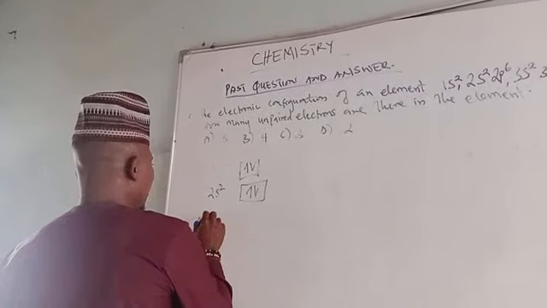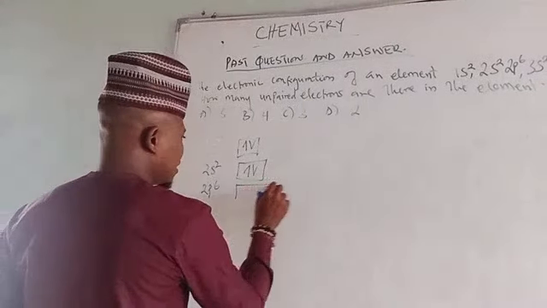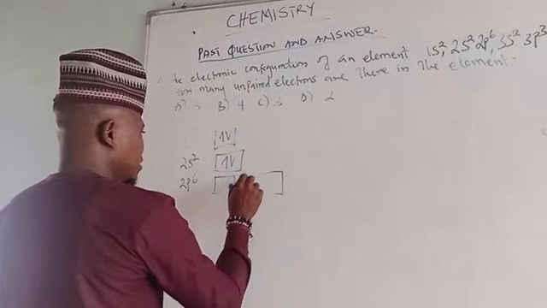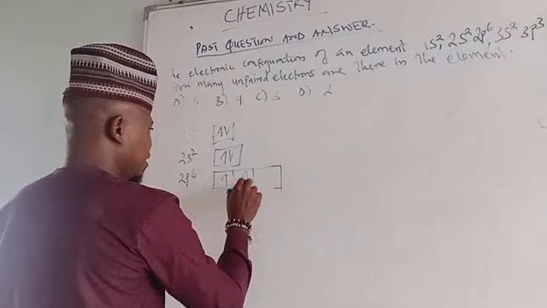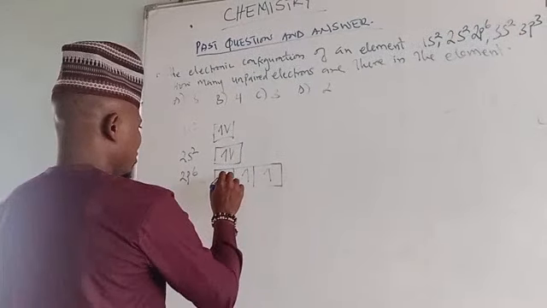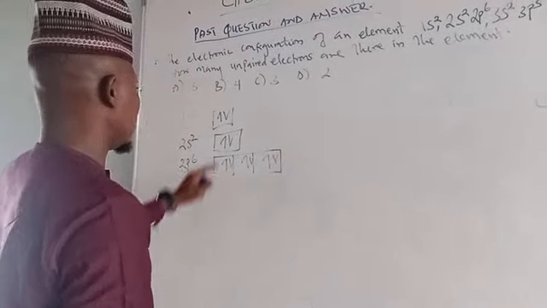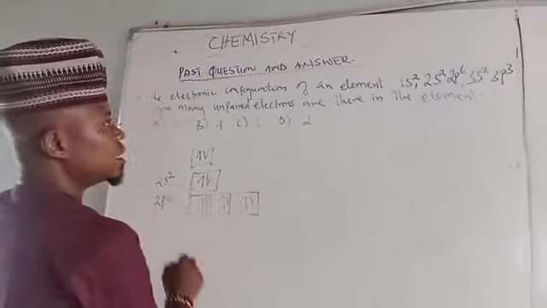We have 2p6. 3 orbitals are here in the p sub-level: 1, 2, 3. So you first fill singly, and there are 6, so before pairing occurs they are all paired now. This is a pair, this is a pair, this is a pair. Two makes a pair.